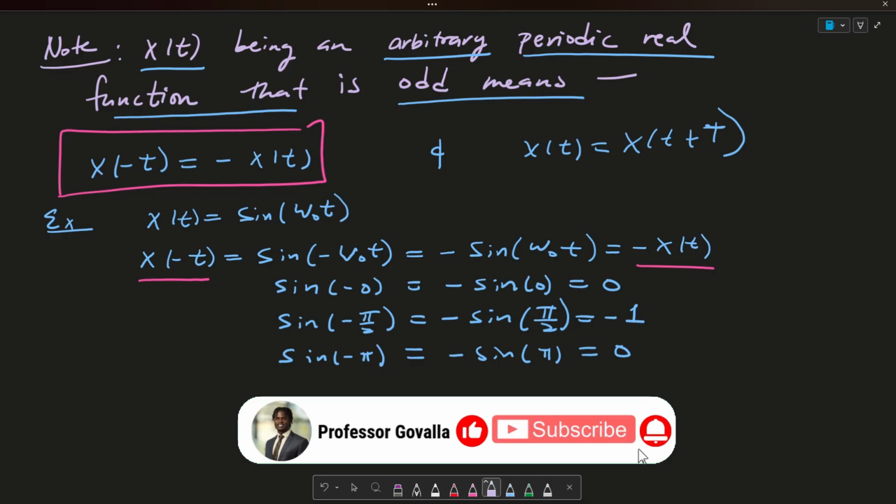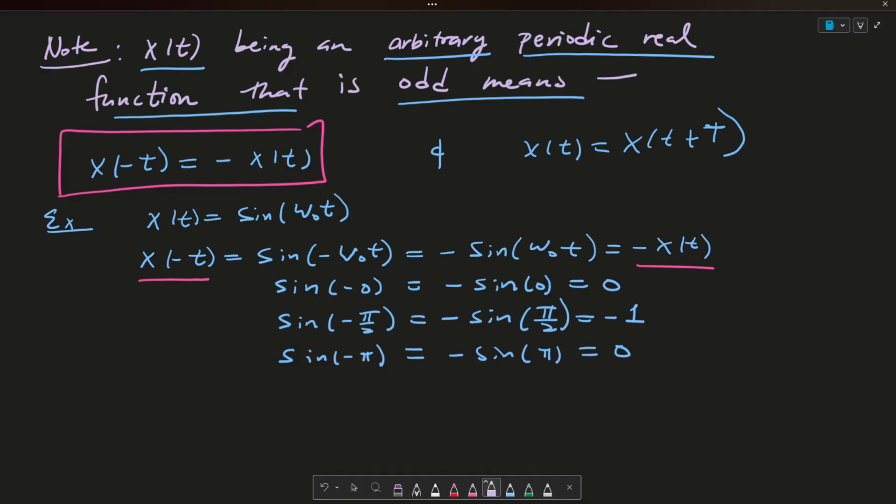So the second condition to satisfy an arbitrary periodic real function that is odd says that x of t has to equal x of t plus capital T, or the period, the fundamental period.